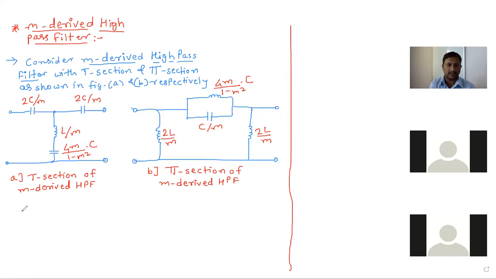So these are the T section and pi section of M-derived filters. Observe the diagram, everyone. Observe the values, and how the elements are connected in the T section and pi section of the M-derived high-pass filter. Now we can consider the T section; out of these two you can consider either T or pi. Now consider the T section of the M-derived high-pass filter.